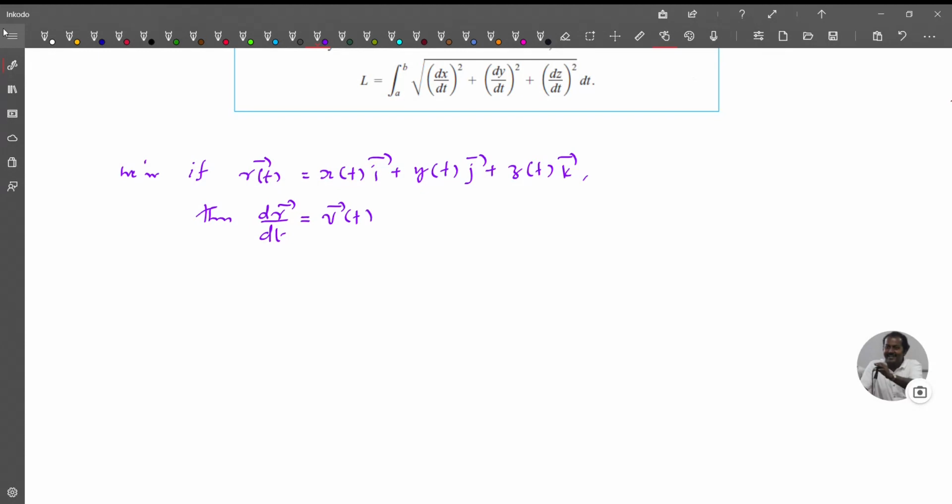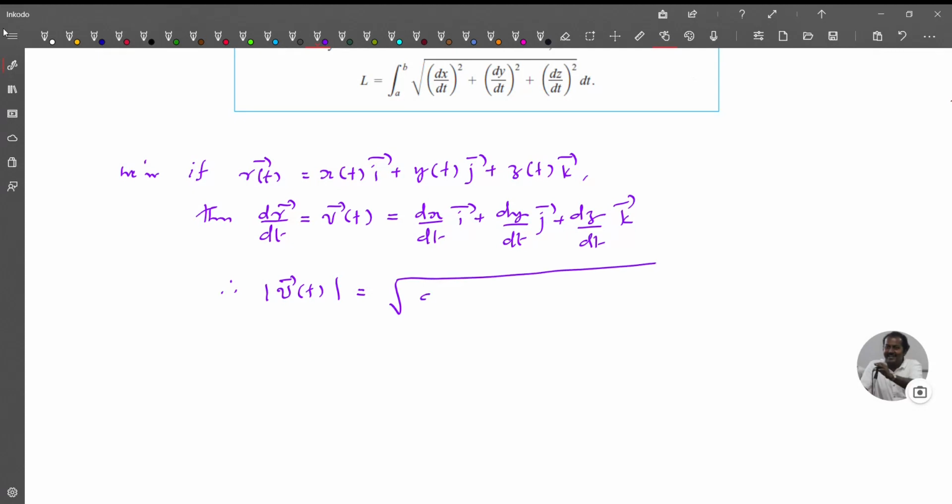This is equal to dx by dt i plus dy by dt j plus dz by dt k. Therefore, modulus of v of t is equal to square root of (dx by dt) the whole square plus (dy by dt) the whole square plus (dz by dt) the whole square.